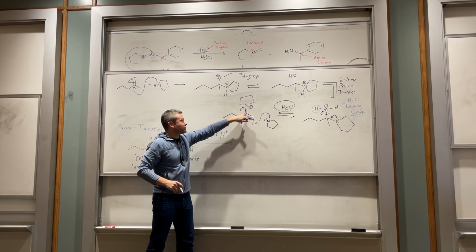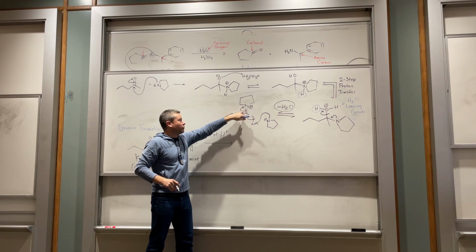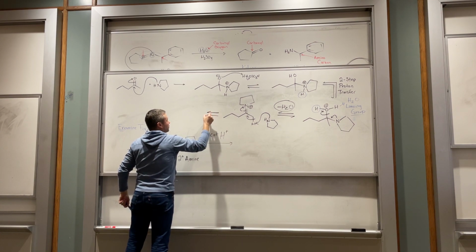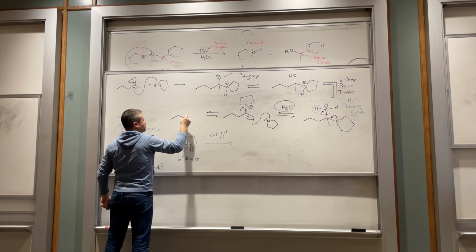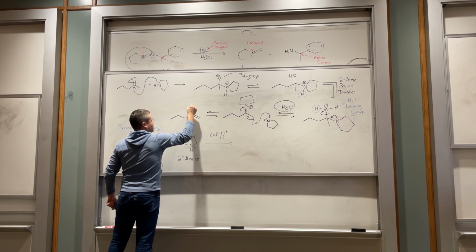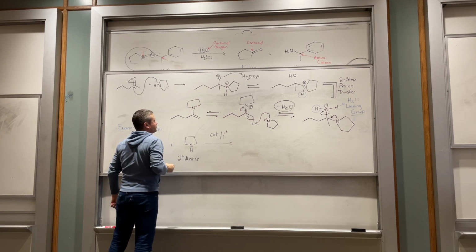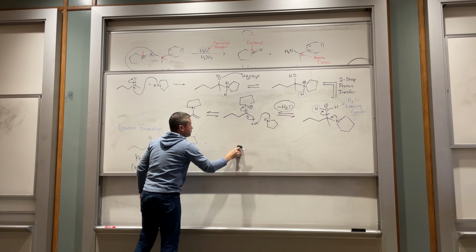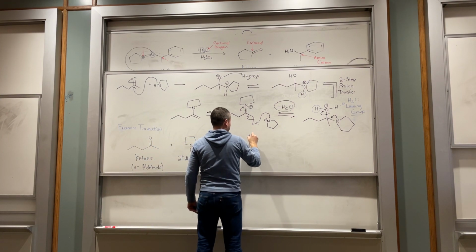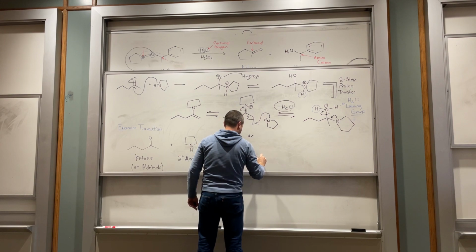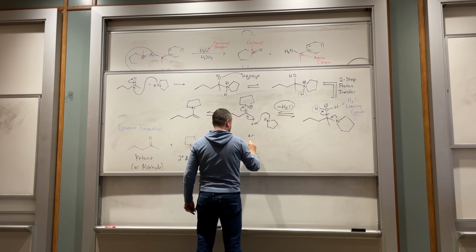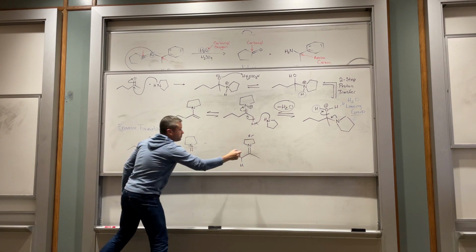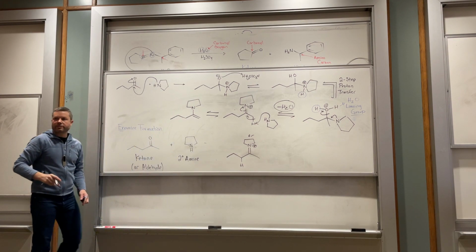Okay, these sigma electrons form a new carbon-carbon pi bond, and then the old pi electrons get shuttled to nitrogen to satisfy the charge. So that's one option, right?